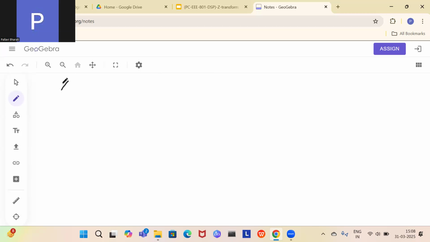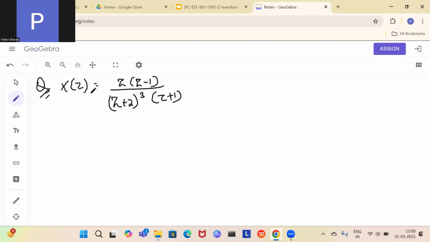Find the inverse Z transform for X(z) equal to z(z-1) divided by (z+2) whole cube into (z+1). So now this question we have to do by partial fraction method.